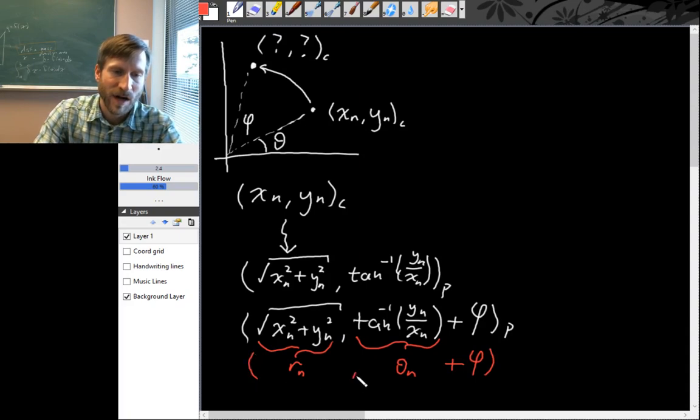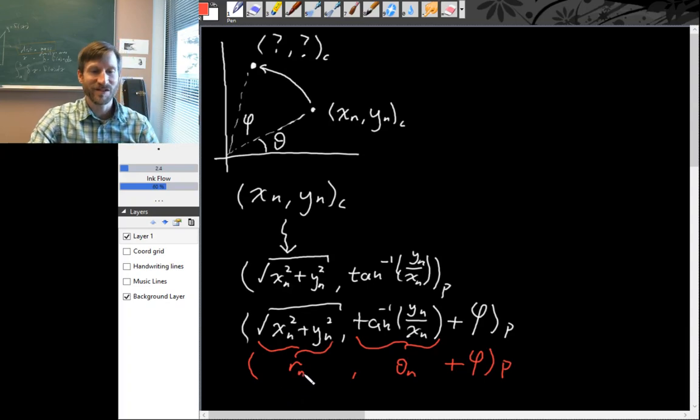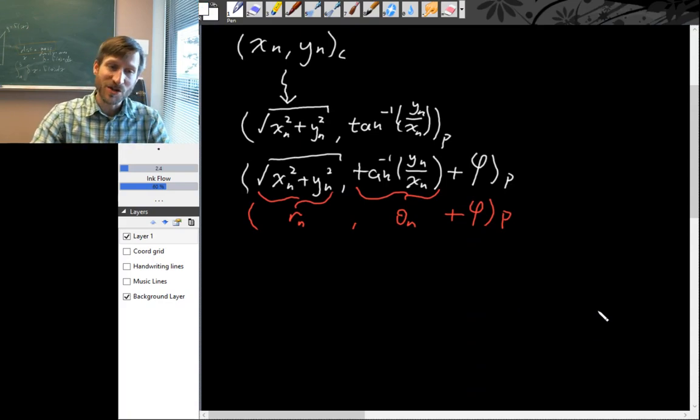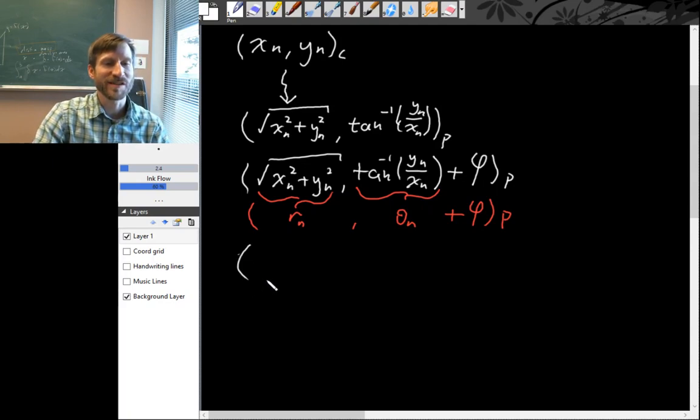So our transformed point in polar coordinates is r sub n comma theta sub n plus phi. And then we need to convert this back into Cartesian coordinates so that the computer can actually draw the transformed points. And in Cartesian coordinates, the x-coordinate is r sub n times cosine of the angle for our transformed point, which is theta sub n plus phi.